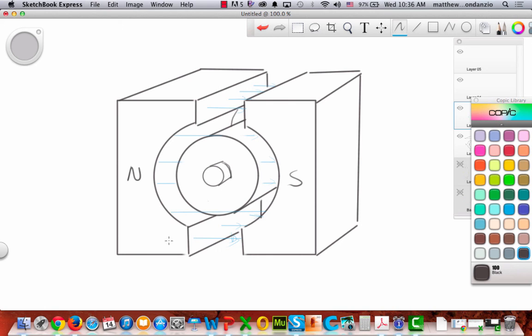Now I'm going to simplify the motor into one line, okay? So let's say I represent it with a green wire. Let's say the green wire is here. It's a thick green wire, that's correct.